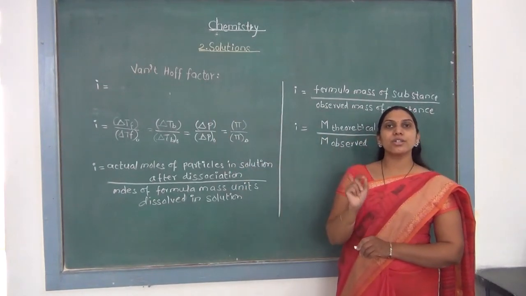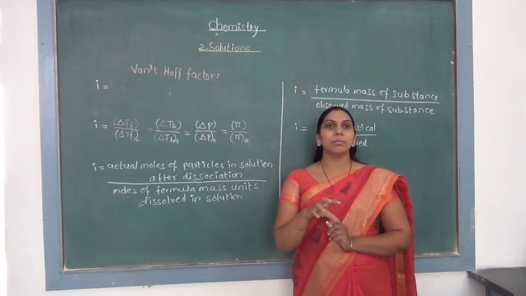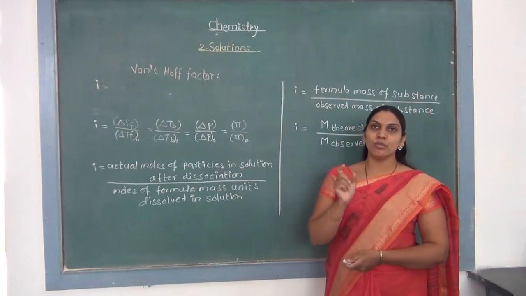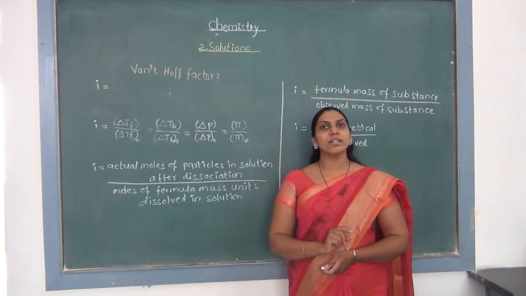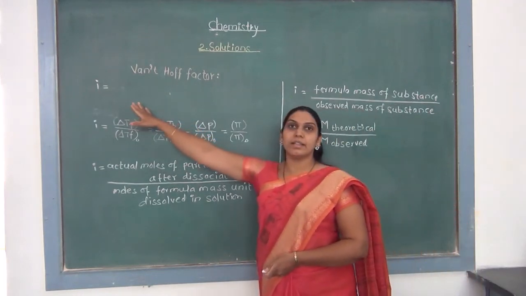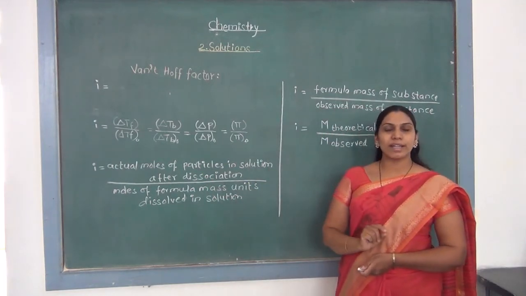The relations for the colligative properties of electrolytes can be determined by using a factor given by the scientist Van 't Hoff. That factor is called the Van 't Hoff factor, denoted by the letter small i. Now, what is the Van 't Hoff factor?